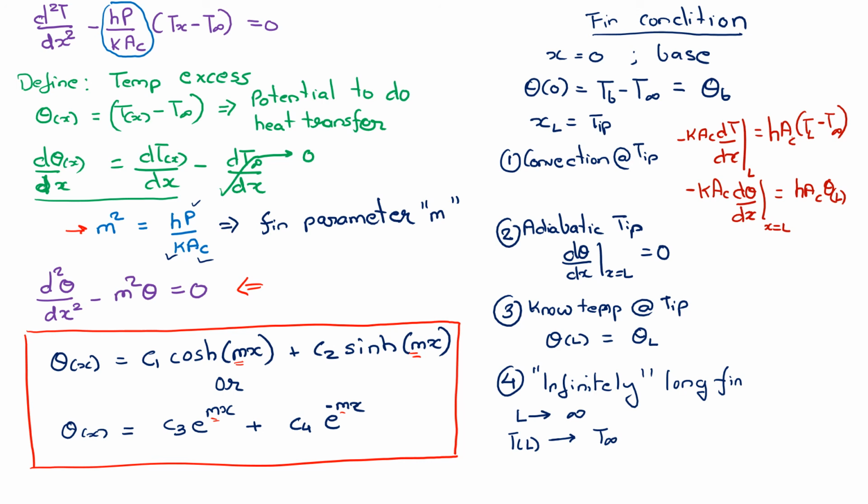Because the tip of the fin is so far away from the base, the temperature of the tip will almost be equal to the temperature of the surrounding. And what this will translate to is that your theta at L will tend to 0, because theta of L is T at L minus T infinity.